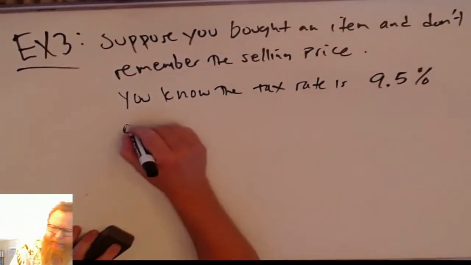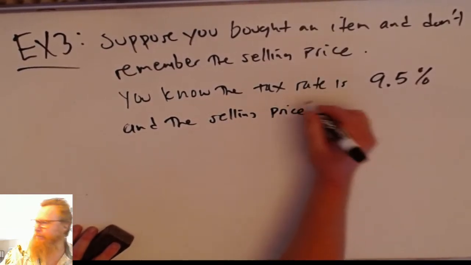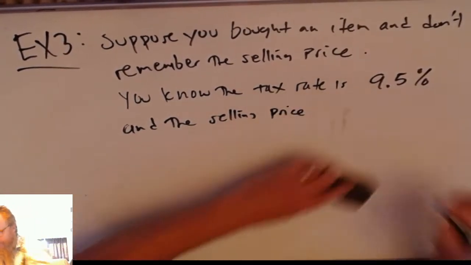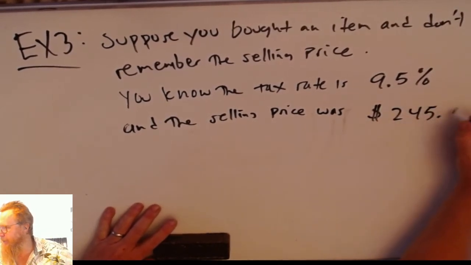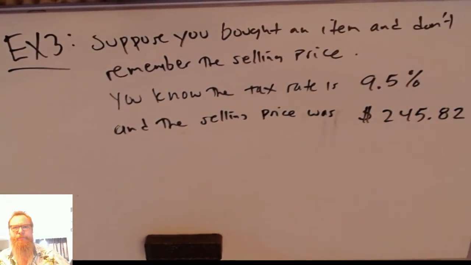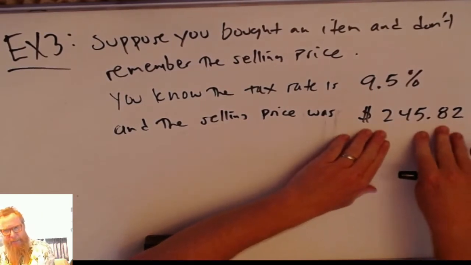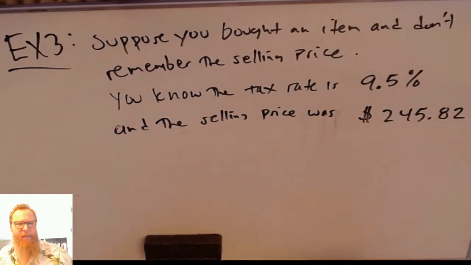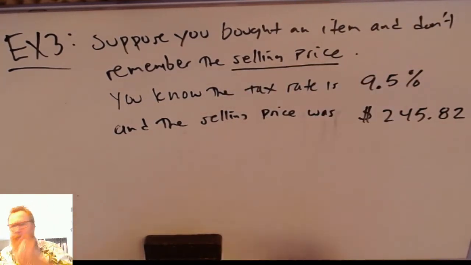And the selling price was $245.82. So this is the scenario. You remember what you paid. You know the tax in your county or state is 9.5%, but you don't remember the original price.